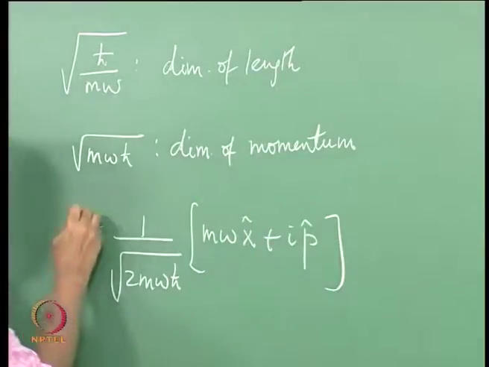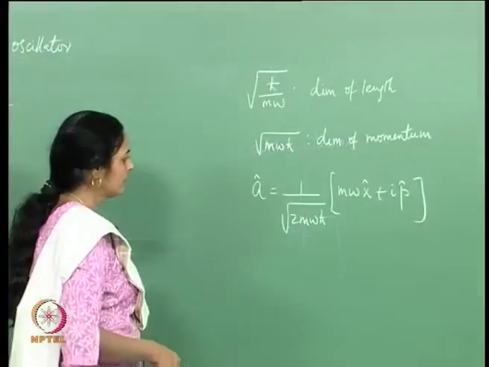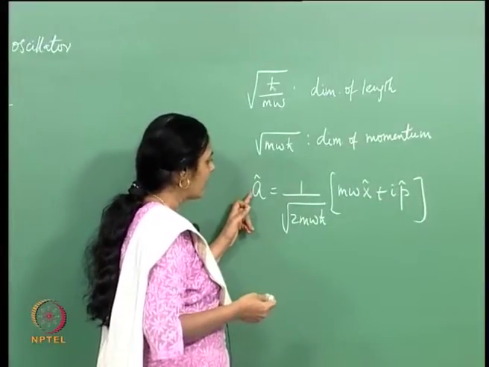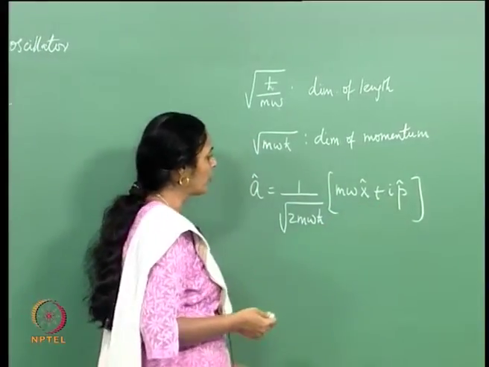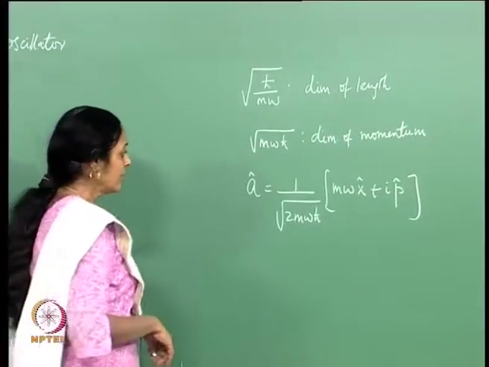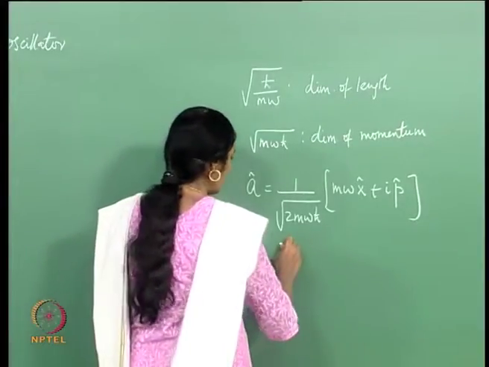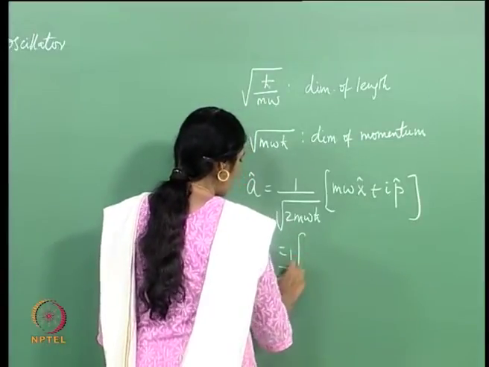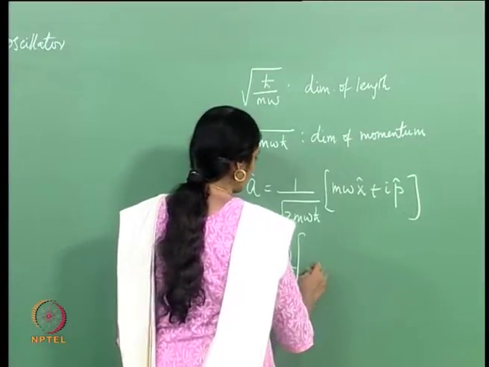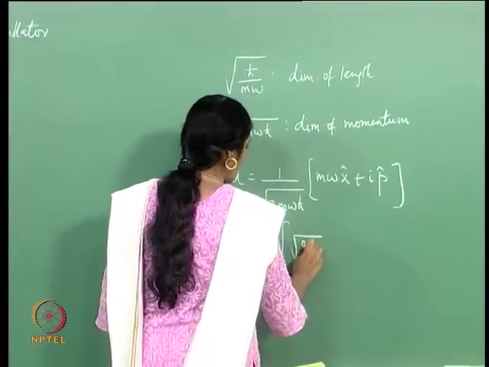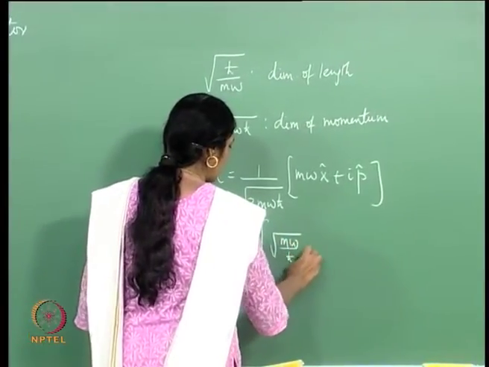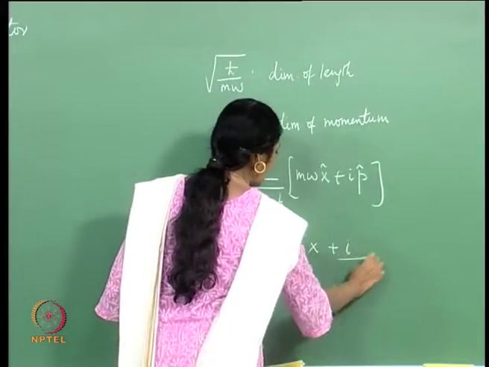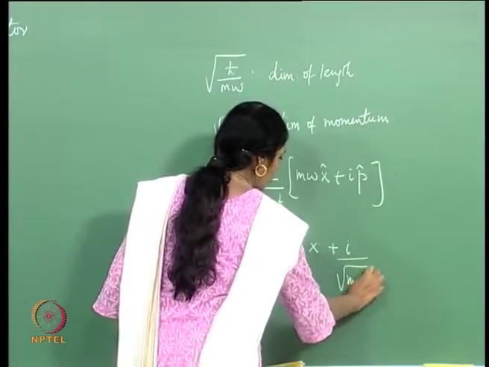You would normally do that, but I believe it is good for us to just remember that A, X and P are operators even if the caps were not put on top of them. You see, this object is simply 1 by root 2, root of m omega by h cross x plus i by root of m omega h cross p.